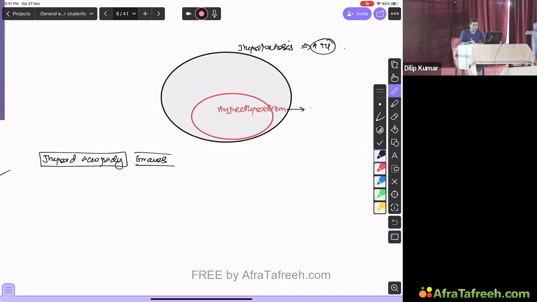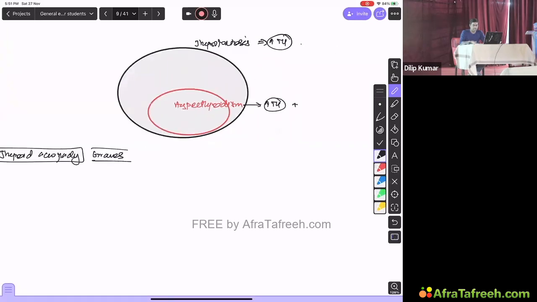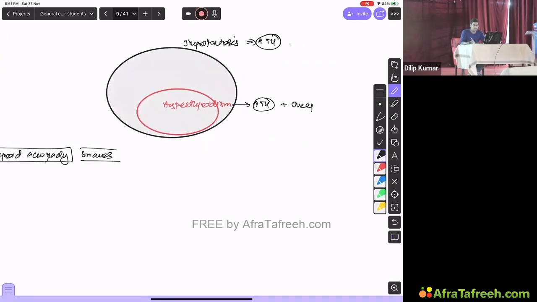But hyperthyroidism means elevated thyroid hormone due to overproduction of thyroid hormone in the thyroid gland. Only that we should call hyperthyroidism, which means only very specific conditions like Graves' disease, toxic multinodular goiter, or a toxic solitary nodule.